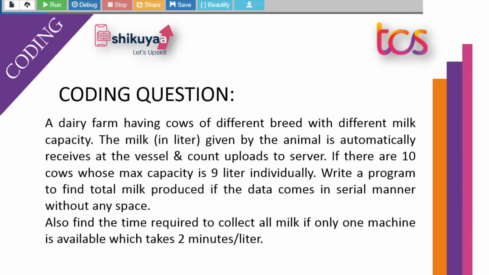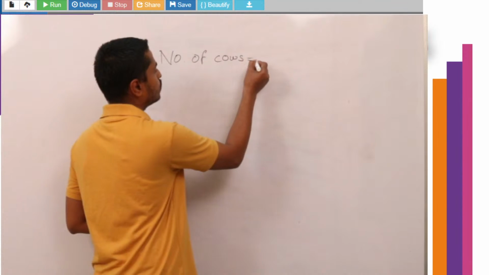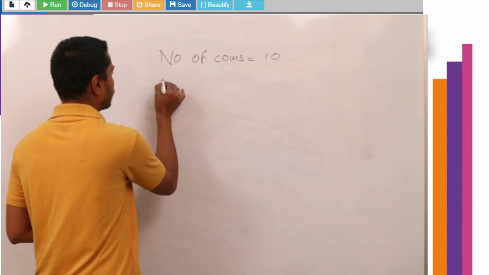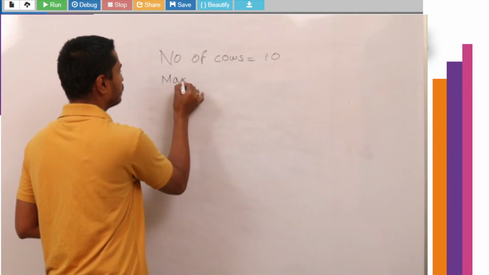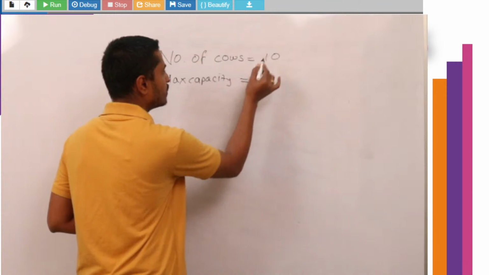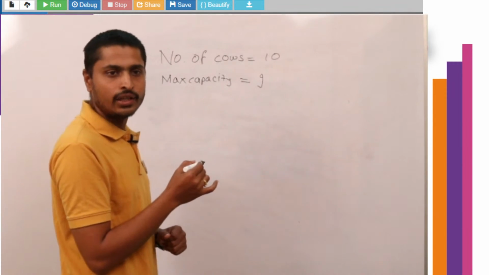If there are 10 cows whose maximum capacity is 9, the number of cows is equal to 10, and the individual maximum capacity is equal to 9. So the maximum capacity is 9 liters individually.